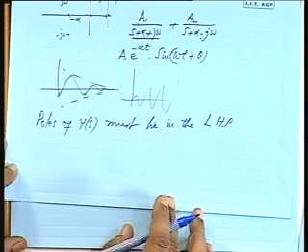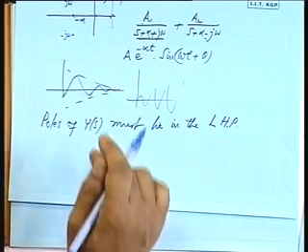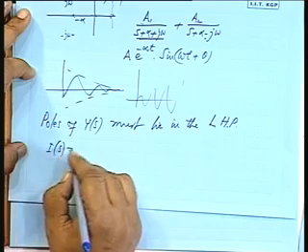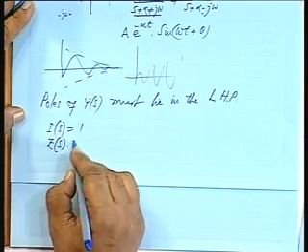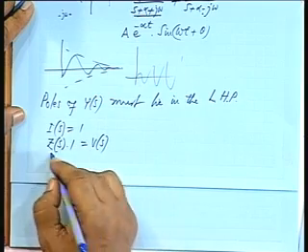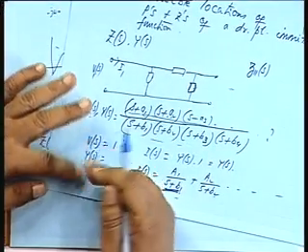By the same argument, if I give an impulse of current and measure the voltage across the terminals, if I can give an impulse of current, that is Is is 1, and what will be the output? Zs into 1, that will be Vs, okay.